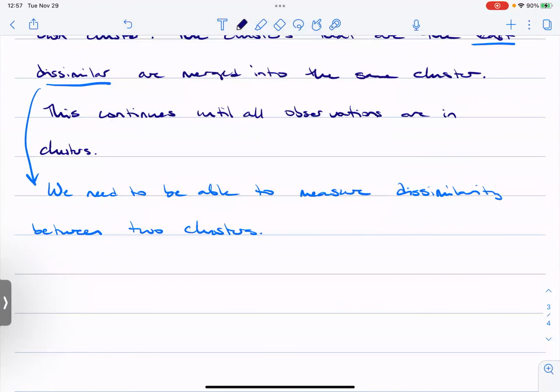I think the complete linkage is the default, right? In the R code.